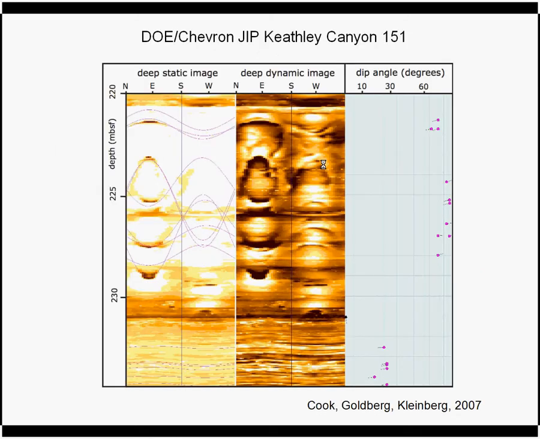Here's another example of steeply dipping hydrate dikes in relatively flat seafloor sediments. This is in Keathley Canyon 151 in the Gulf of Mexico. This was a result of the Chevron DOE Joint Industry Project. At the bottom of the section, we have relatively flat country dips of about 20 or 25 degrees.